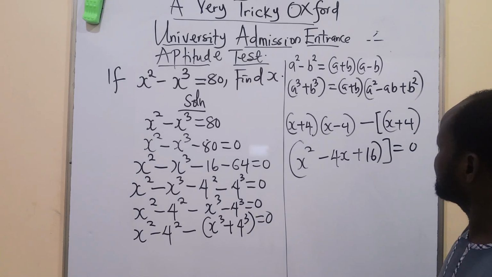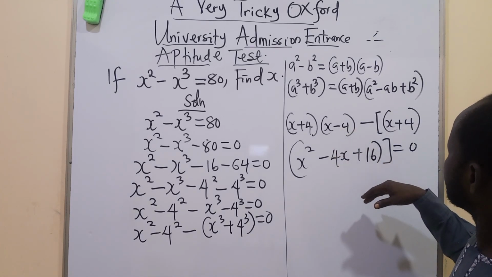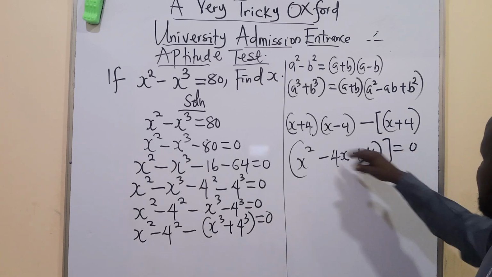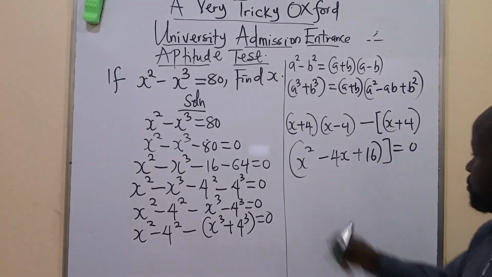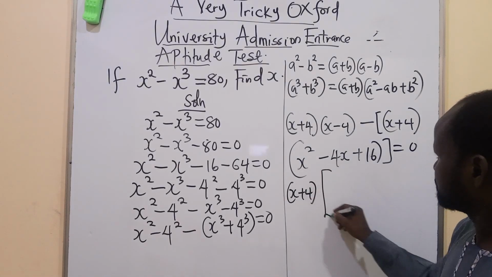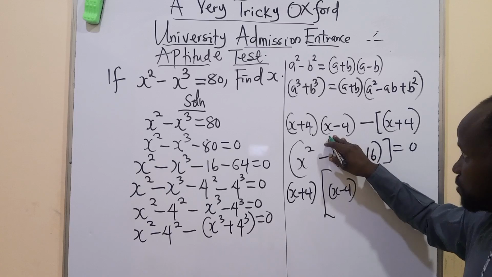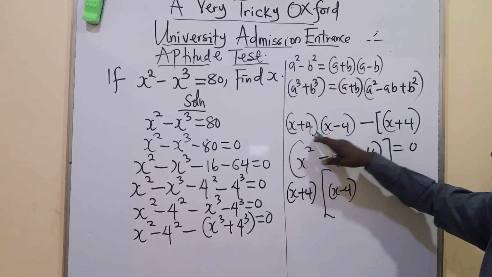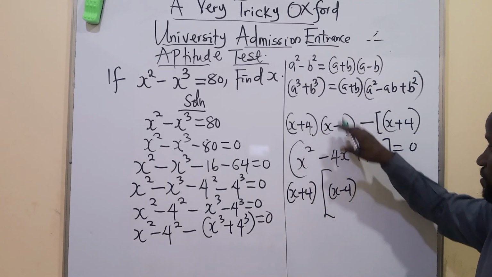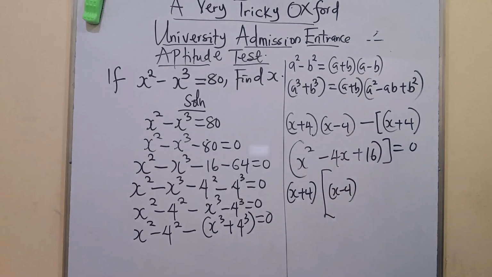You realize that x plus 4 is common. So we'll factor out x plus 4, and we'll be left with x minus 4. It means x plus 4 in brackets times x minus 4 in brackets, divided by x plus 4, leaves us with x minus 4.